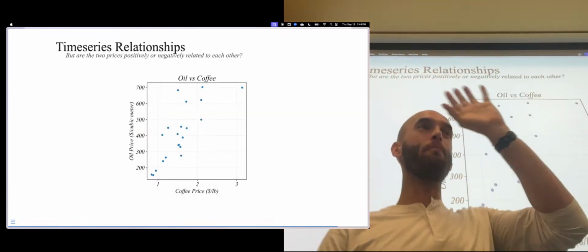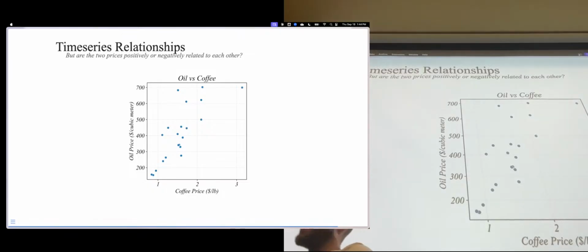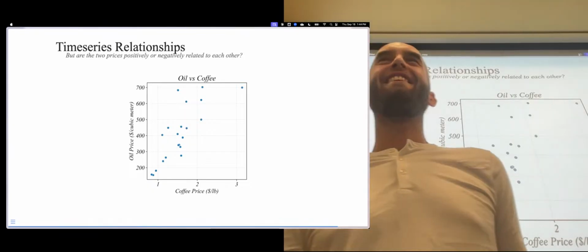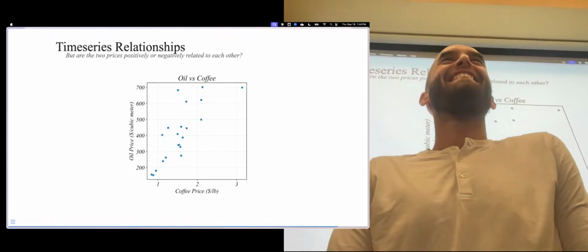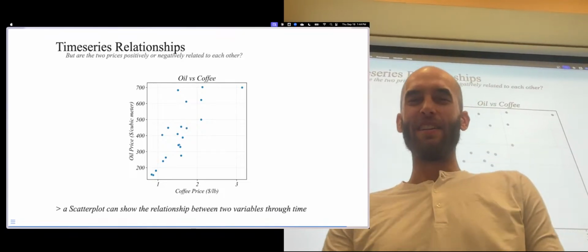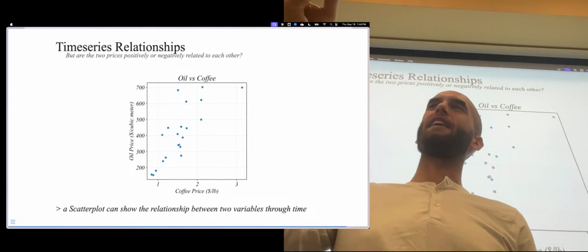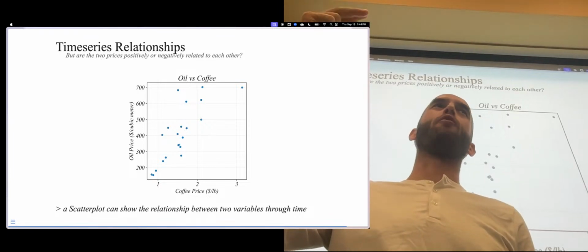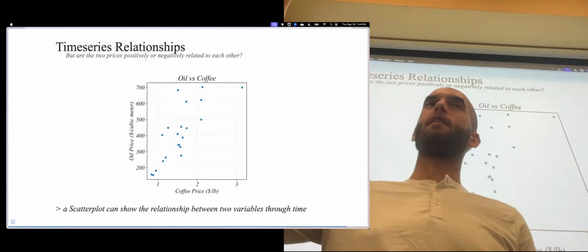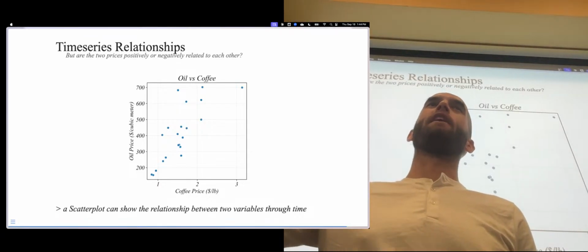Once I place each individual point on a scatter plot, the relationship becomes much easier to understand. I'd call this positive. Anyone disagree? Good. Good students. Okay, so nice. We can use a scatter plot for panel. We can use a scatter plot for bivariate cross-section. We can also use a scatter plot for bivariate time series.